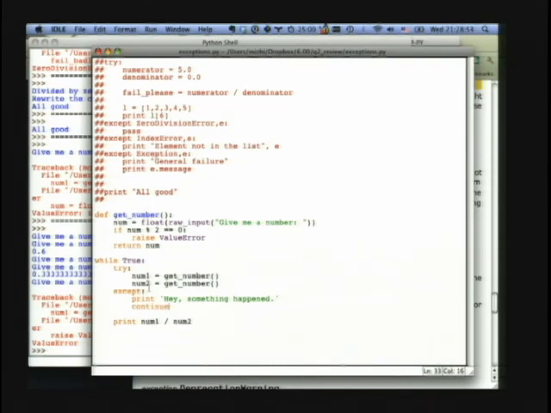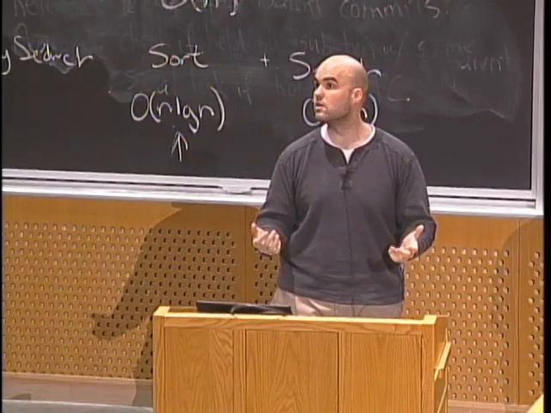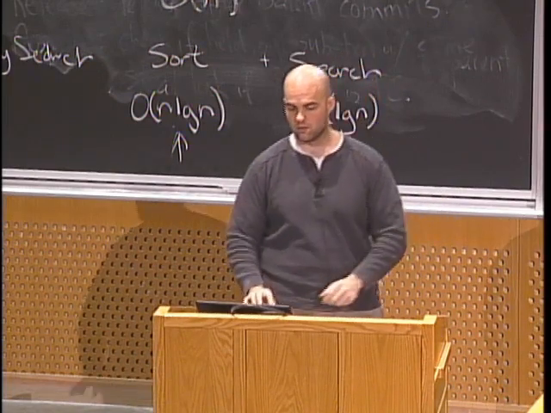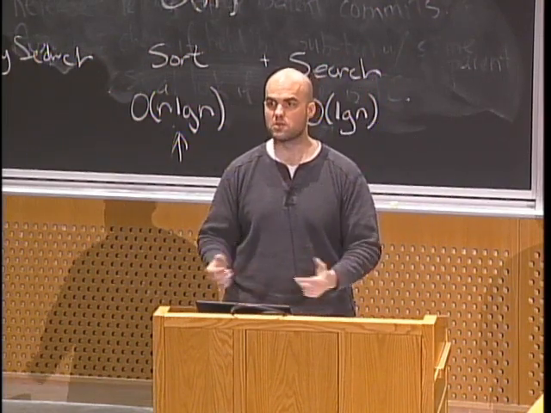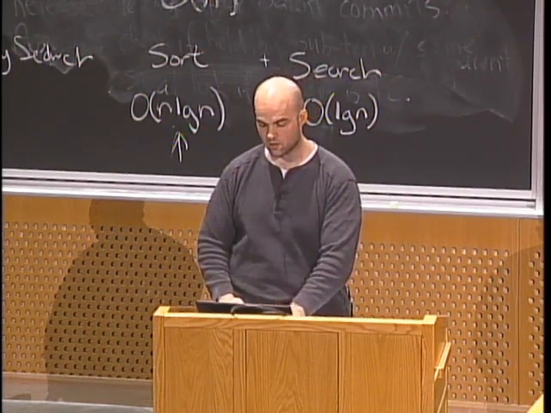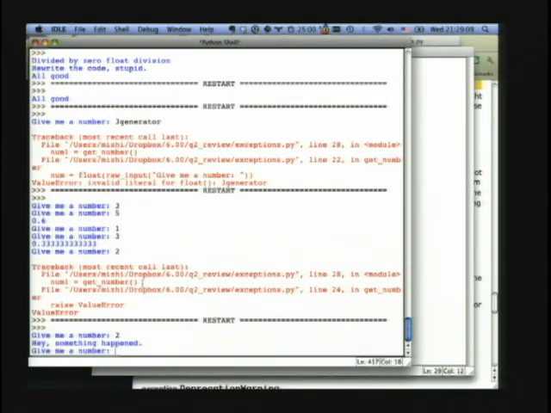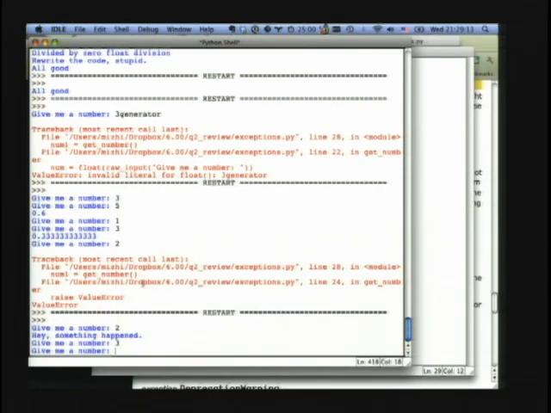And what I'm going to do is say that if I have an exception, then I'm just going to repeat my getting of the numbers, okay? So let's say that I do this. Hey, something happened. Not really specific. Hey, nothing happened?